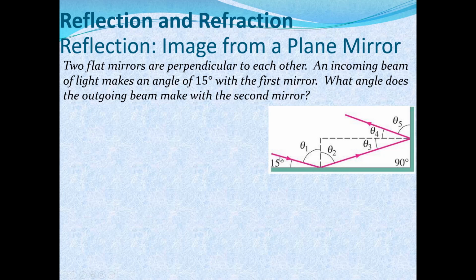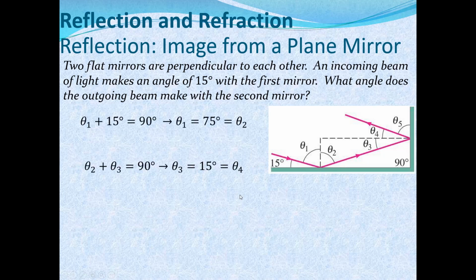So this angle is going to be 15. From here, because the normal line is 90 degrees, we know that this is going to be 90 minus 15, which is going to make it 75. If this is 75, then this is 75. We could also say that this is 15, and because this is a triangle, this would have to be 75, and because this is a right angle, this is 15, 15, 75.